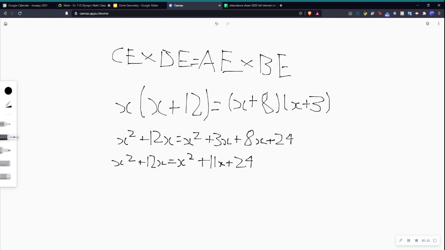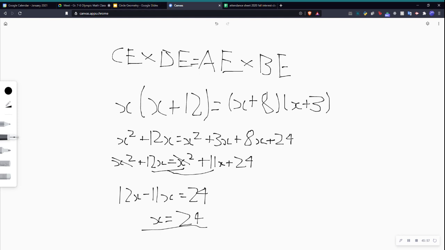The x squareds will cancel out, and we have 12x minus 11x, which is just x, equals 24. That is your final answer. So x is equal to 24.